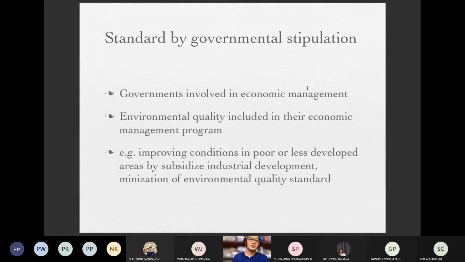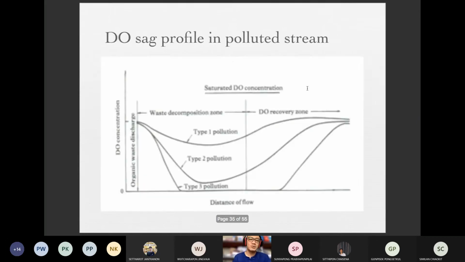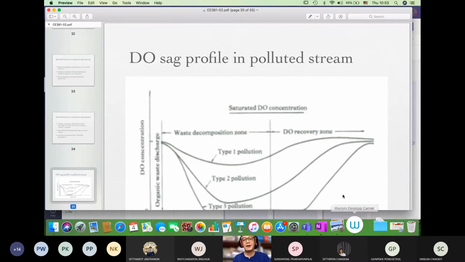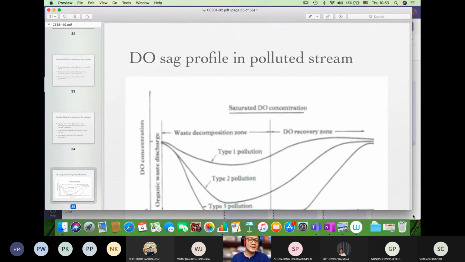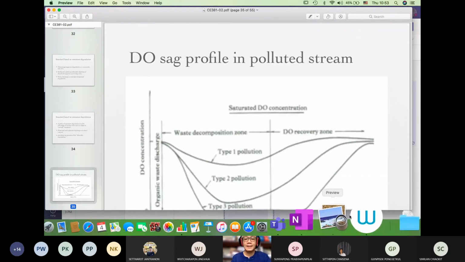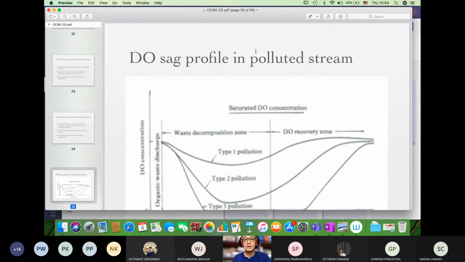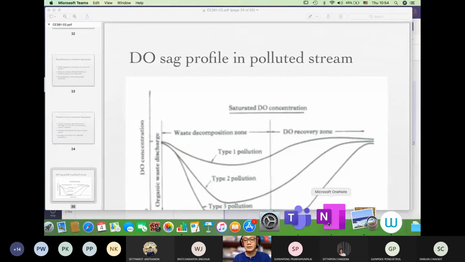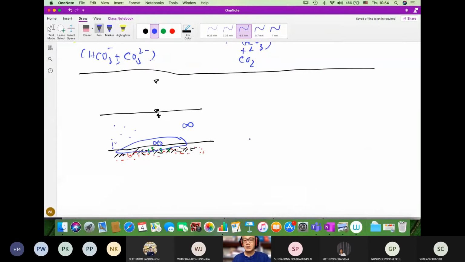Before I talk about this one, one thing you really need to understand is that each stream or lake has its own capacity to receive pollution. The stream, once the waste gets into the water.